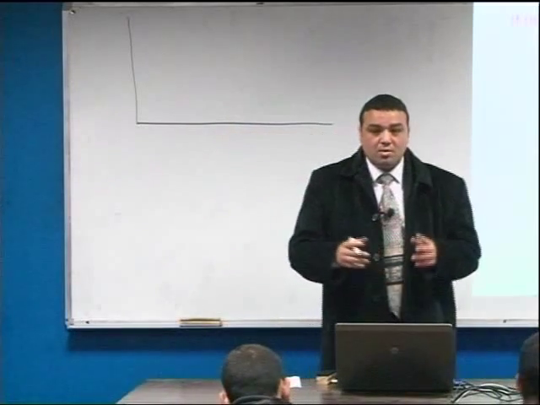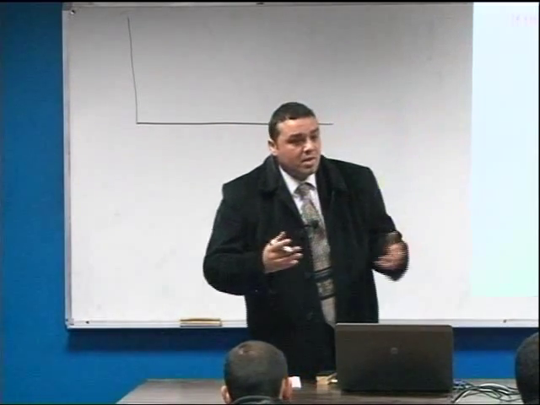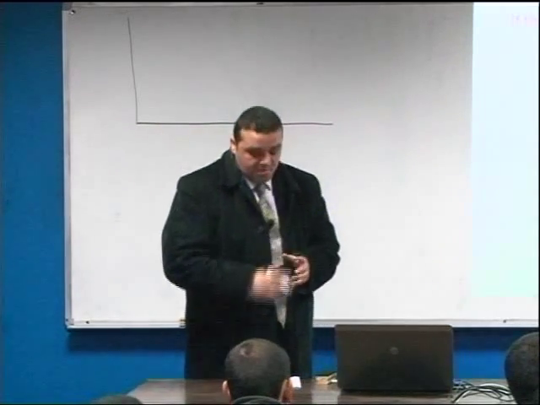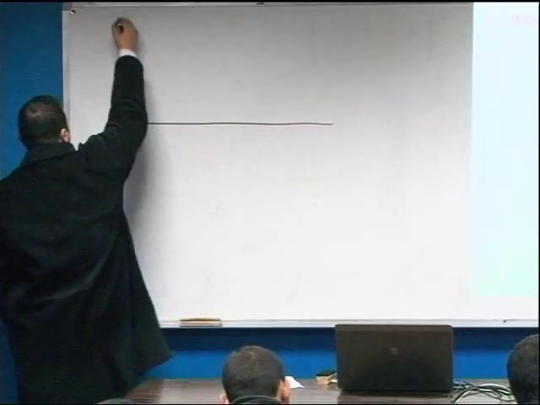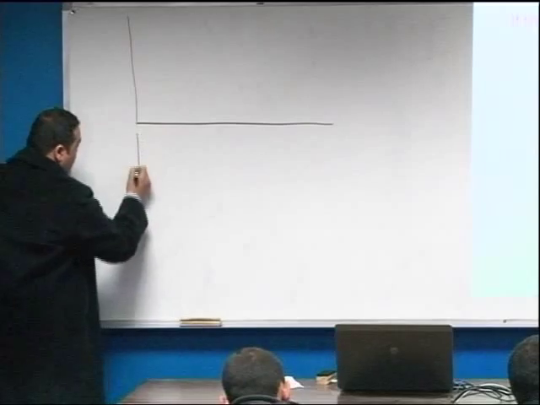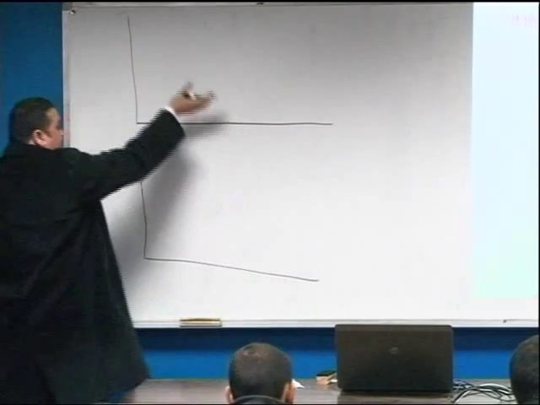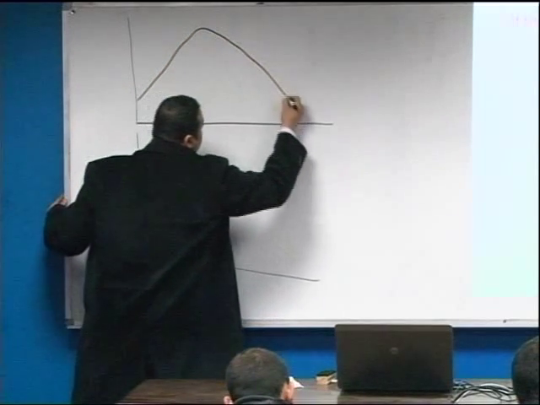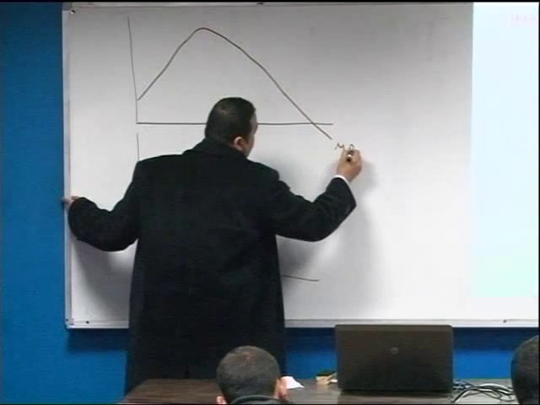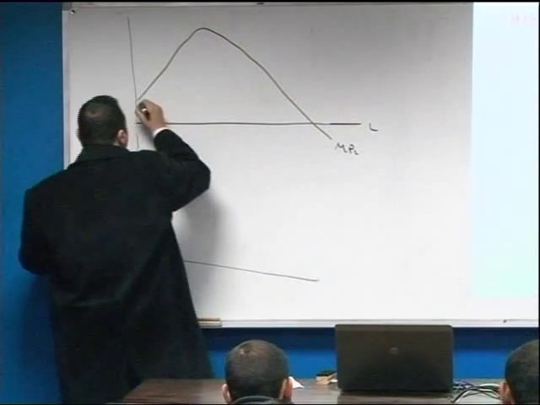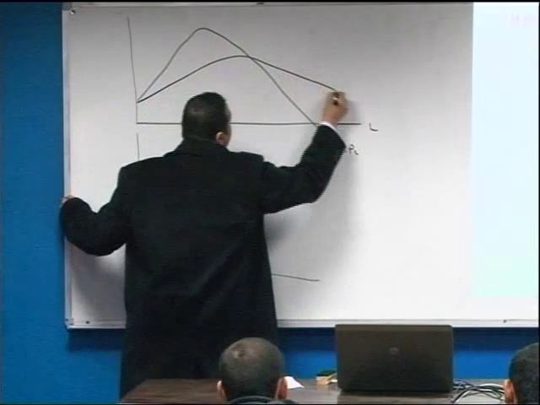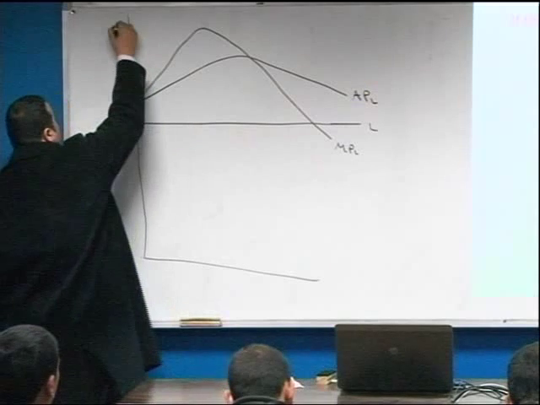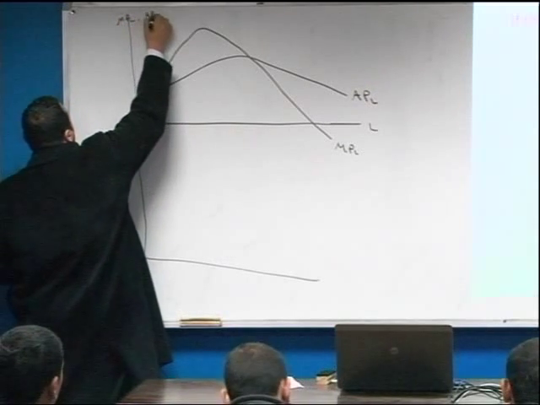We are going to use a graph to explain this relationship. We have two graphs. The first, the upper graph, illustrates the relationship between the marginal production of labor, MPL, and APL.